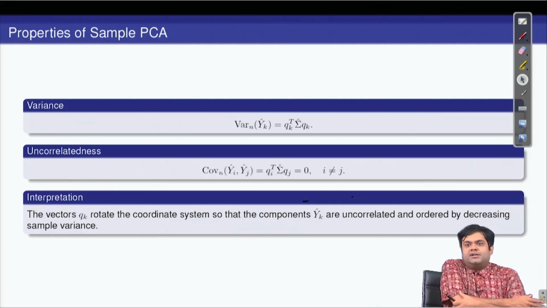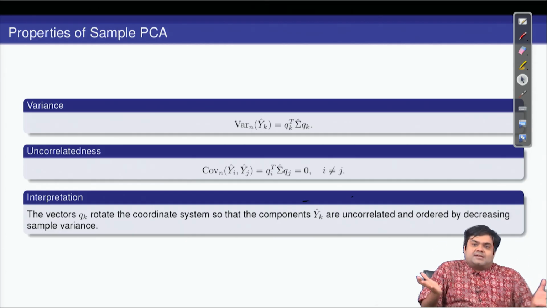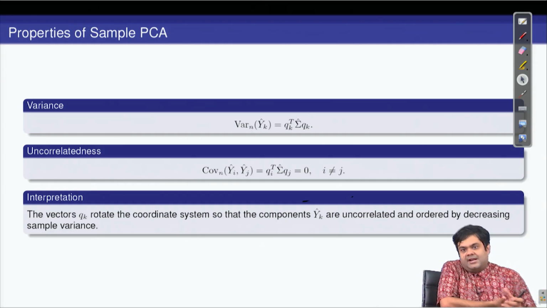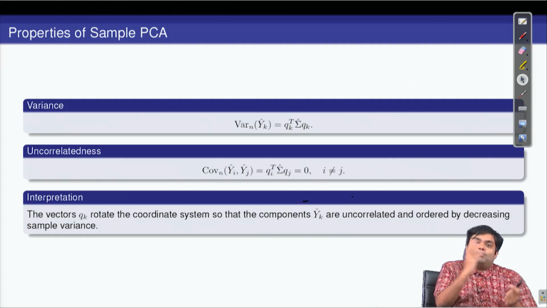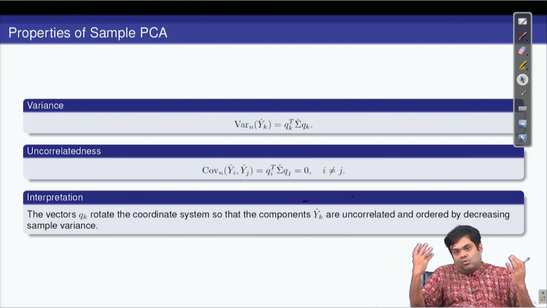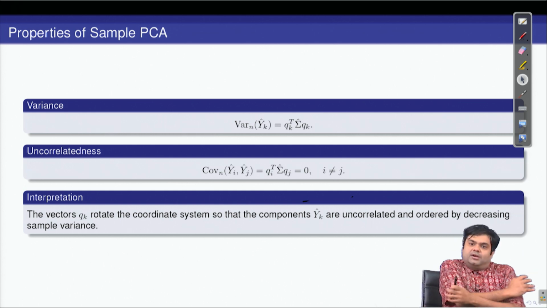The last direction is the last highest among the variance directions present in the sample. And they have to be probabilistically orthogonal, that is, uncorrelated directions. The original directions need not be uncorrelated to each other, so we look for these uncorrelated directions.